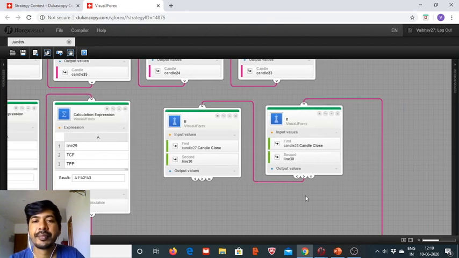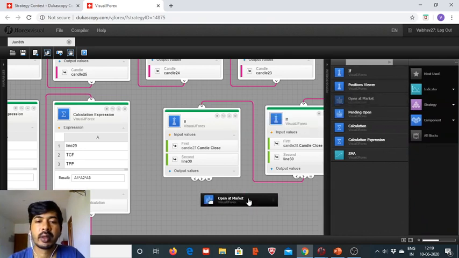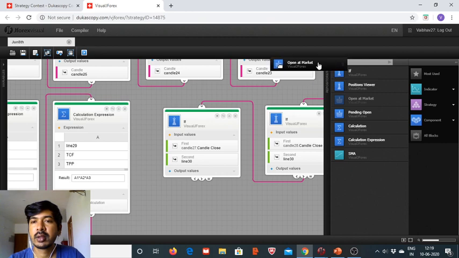So here, now is the time to bring the open at market, and it will be a sell side.